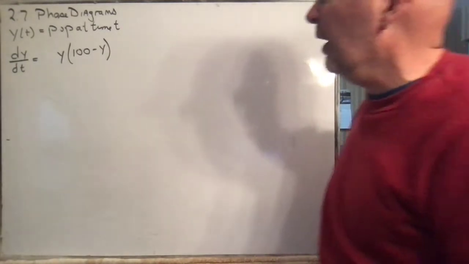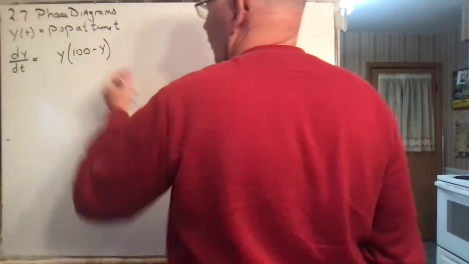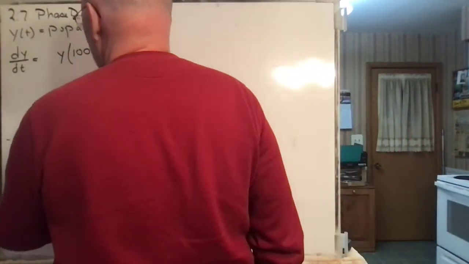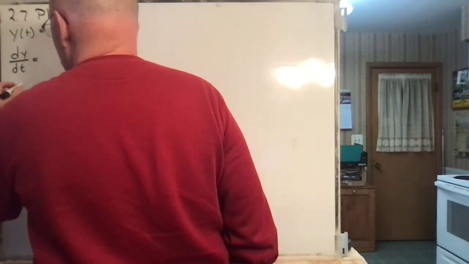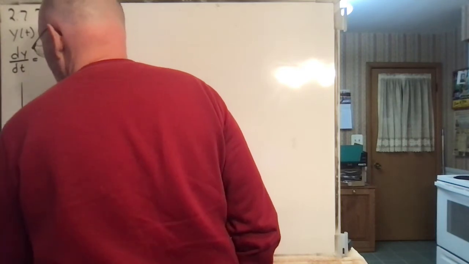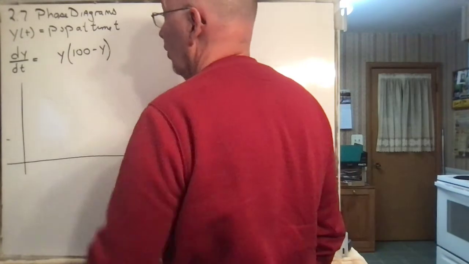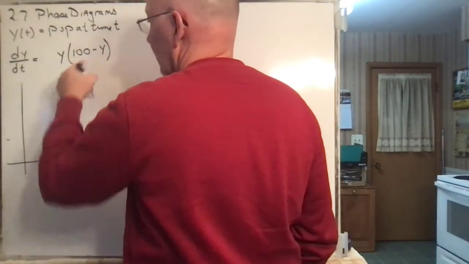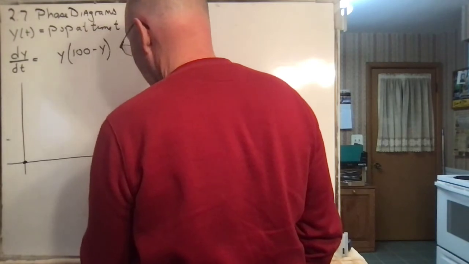First of all, what does this graph look like? Okay, so over here again, we could graph it easily enough. Let's go ahead and do it, in fact. Right there. And notice it's going to be a parabola. It's a parabola with intercepts at 0 and 100.